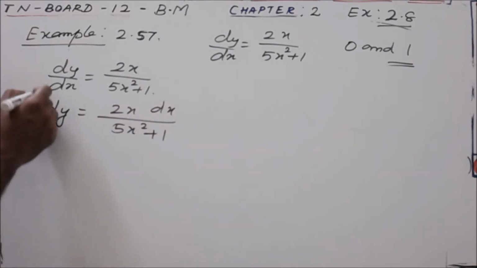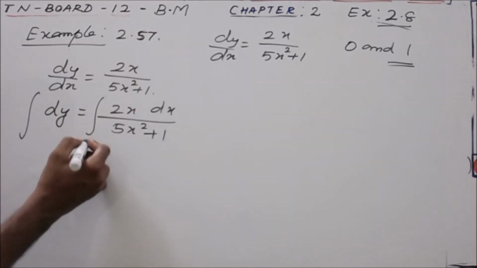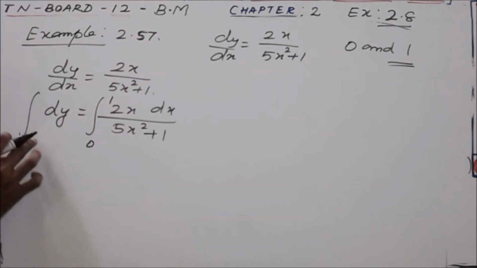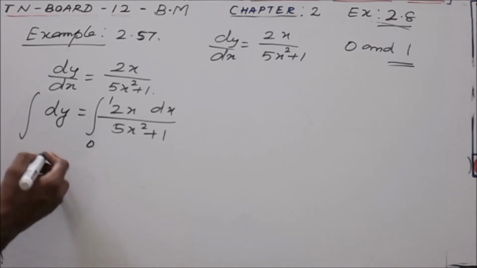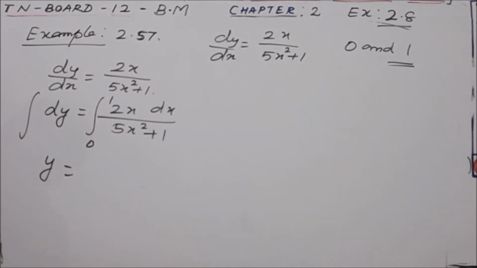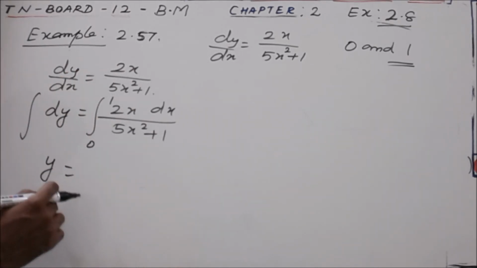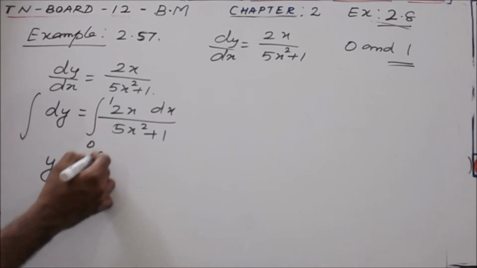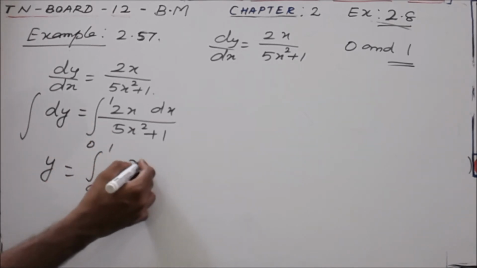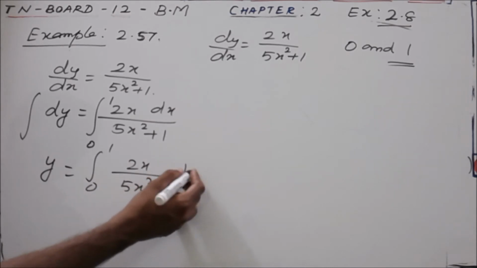Integrating on both sides, here the limit is given as 0 to 1. So integral dy equals y. The given function to be integrated is 2x by 5x square plus 1 between the limits 0 to 1. So here integral 0 to 1, 2x by 5x square plus 1 dx.